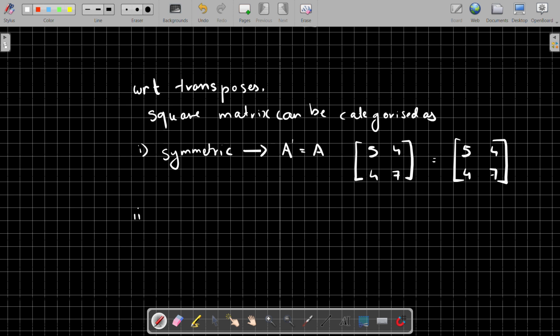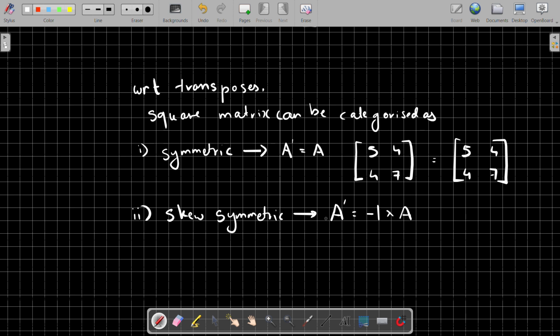Now, the second definition is skew symmetric. In this case, the matrix's transpose equals -1 times A. So if you take a matrix A, take its transpose, and you get -1 times A, then it is skew symmetric.